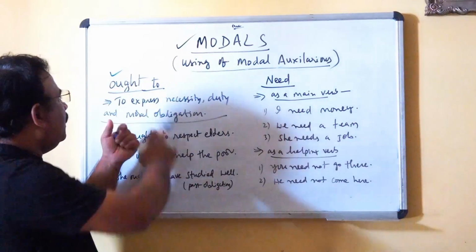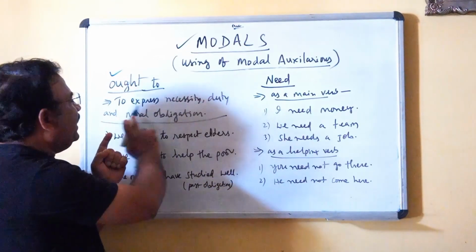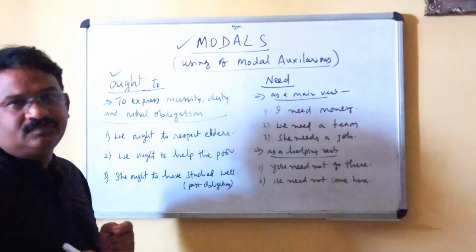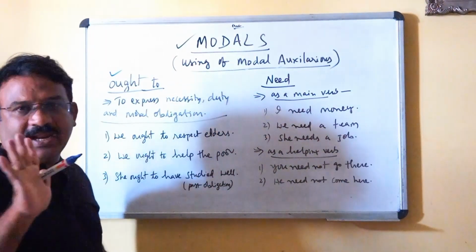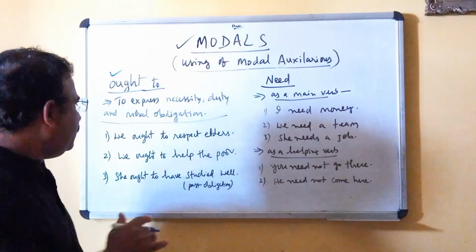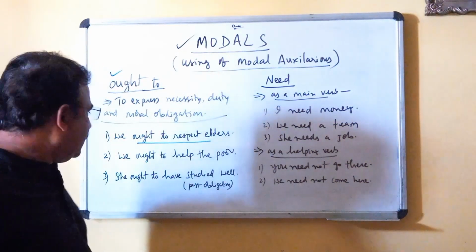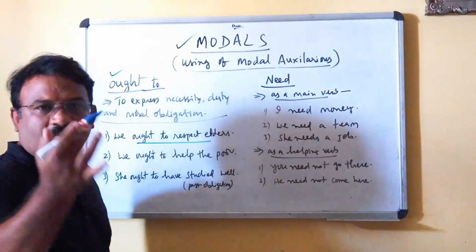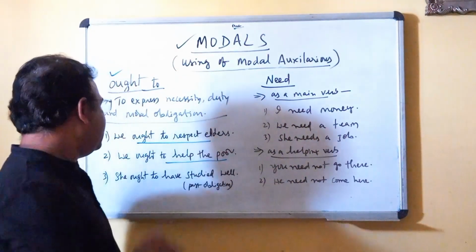Now to express necessity, duty, and moral obligation. See, we ought to respect elders. That is our moral obligation. You ought to help the poor. That is also moral obligation.